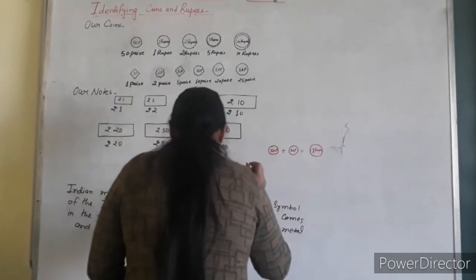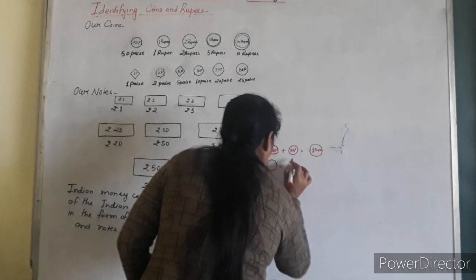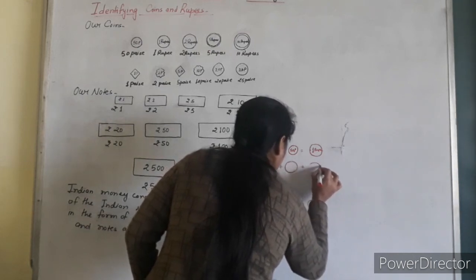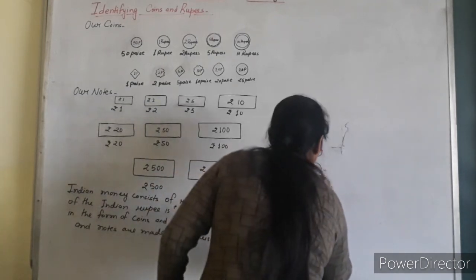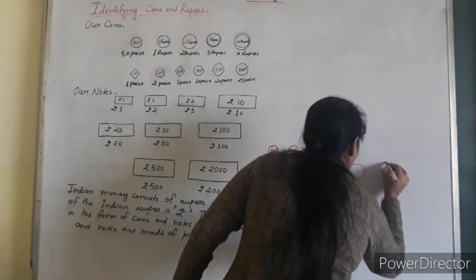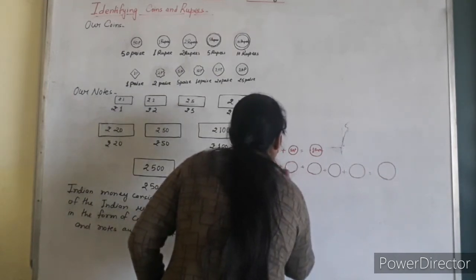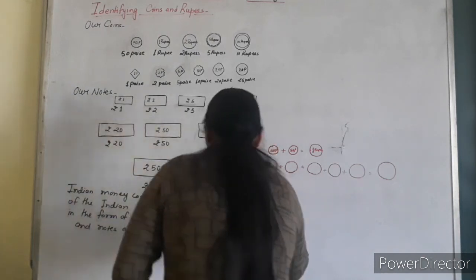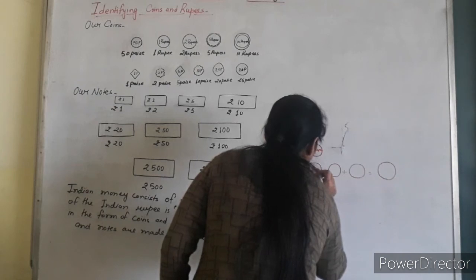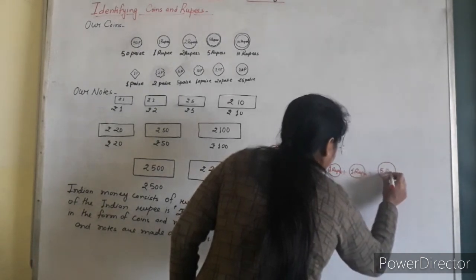Then, in this way, 1 rupee, 1 rupee, 1 rupee, 1 rupee, and 1 rupee make a 5 rupees note.